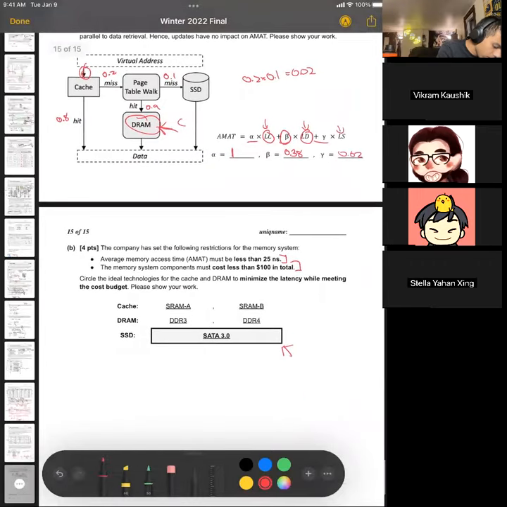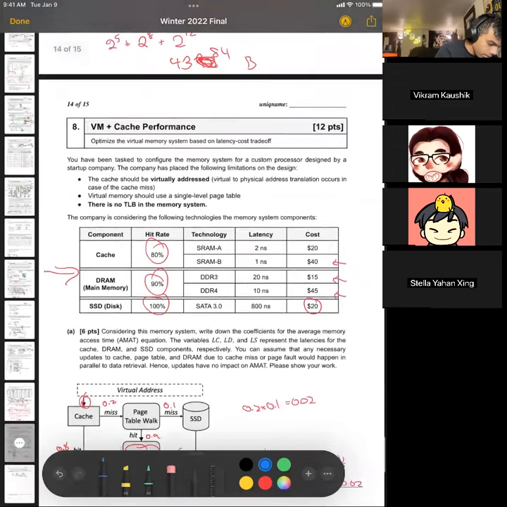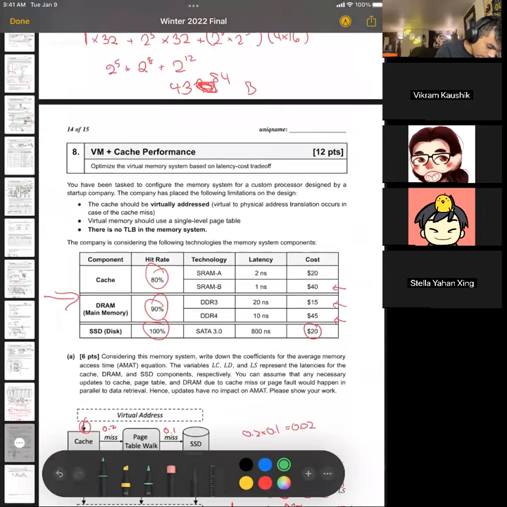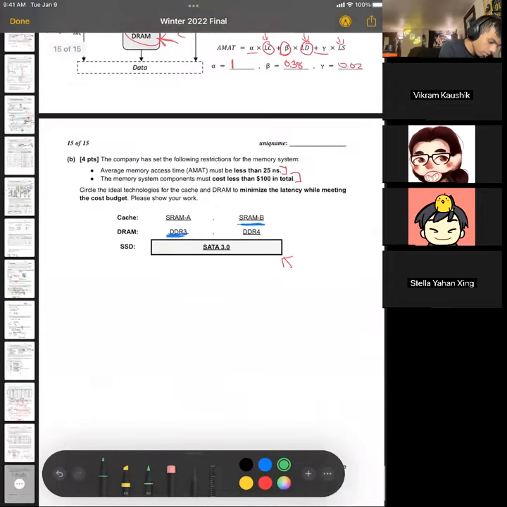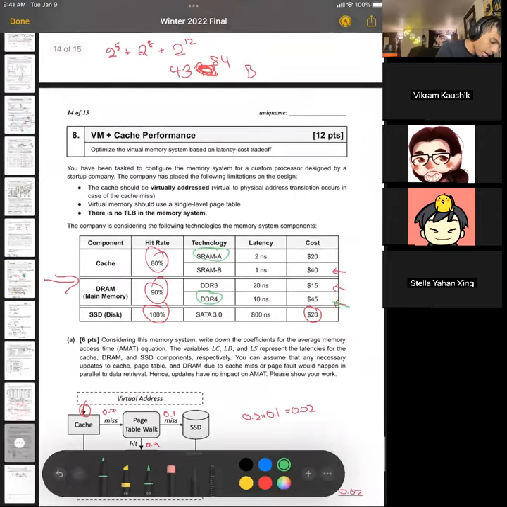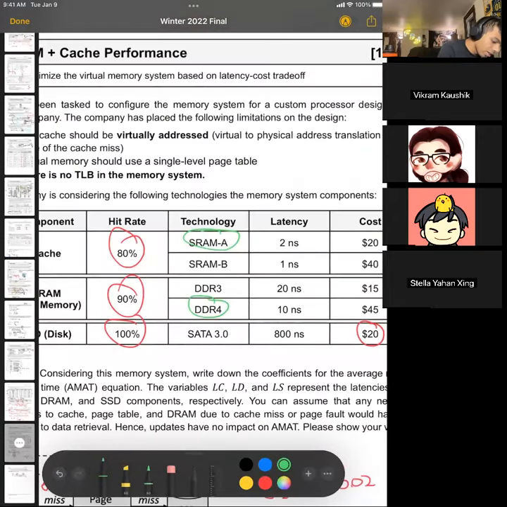So if I use cache B, I have to use that. If I assume I use DDR4, then I can't afford SRAM B again, so I have to use SRAM A. And in all reality, do I even want to consider this combination of using the cheaper ones?